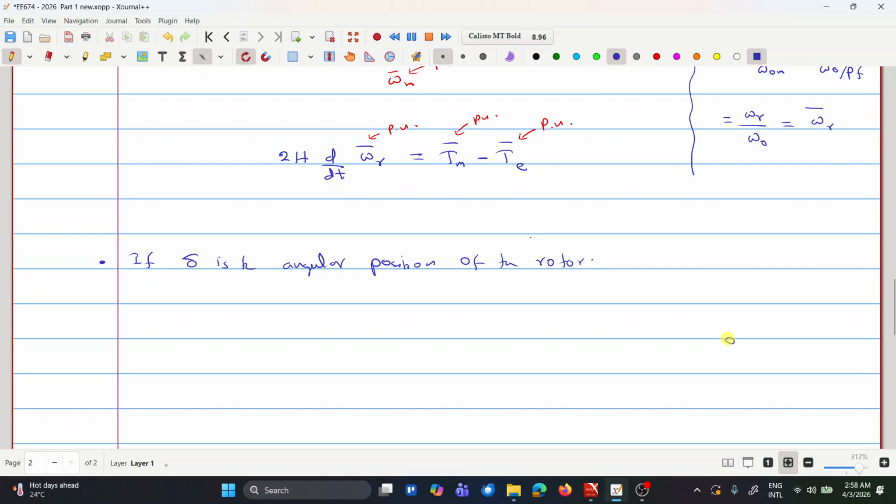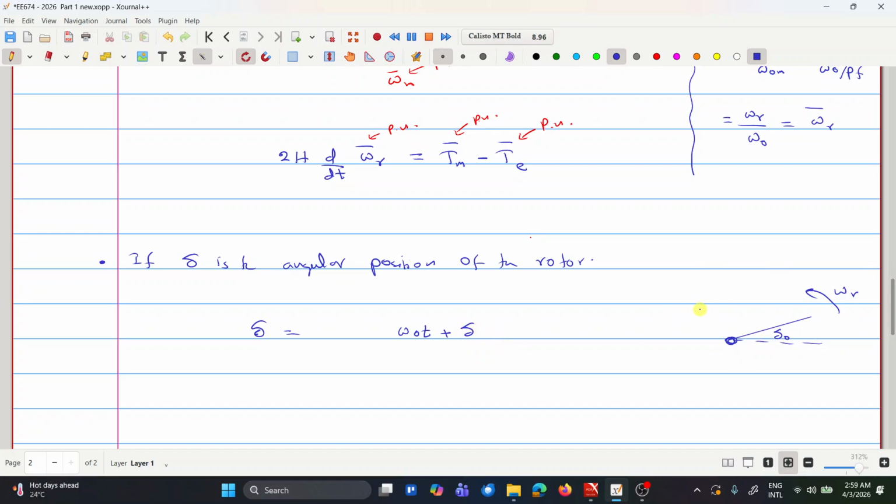Okay, so let's say you have the rotor shaft which is revolving at omega r, right? And let's say your initial angular position is delta naught, right? Then if you are rotating at the base speed, at any given time, your position would be given as omega naught t plus delta, right?